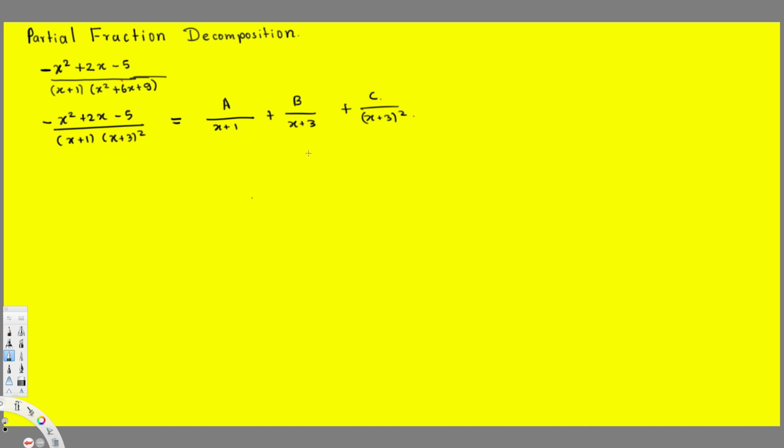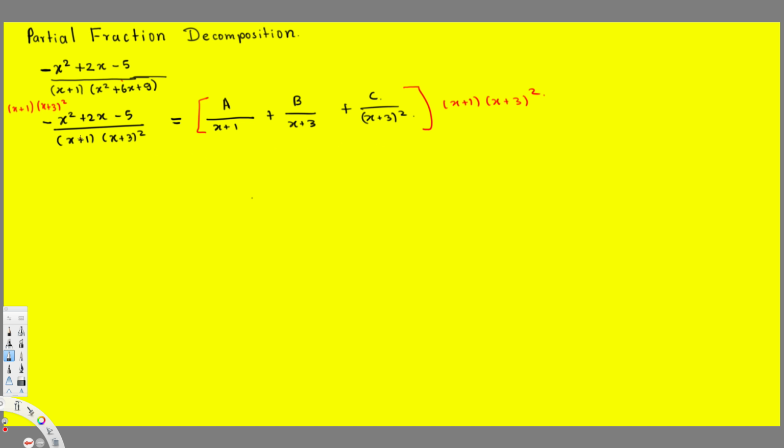The next thing we try to do is eliminate the denominators. We can eliminate the denominator if we multiply both sides by this value right here. So on this side I'm going to multiply by x plus 1 times x plus 3 squared, and on the other side I'm going to multiply by the same thing, x plus 1 times x plus 3 squared.